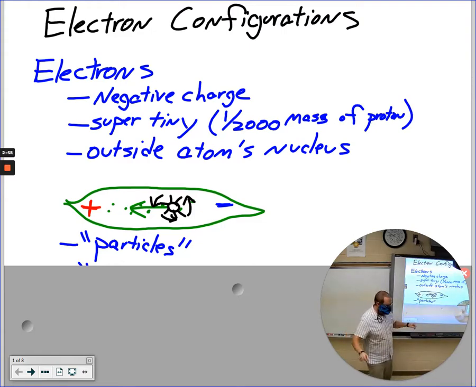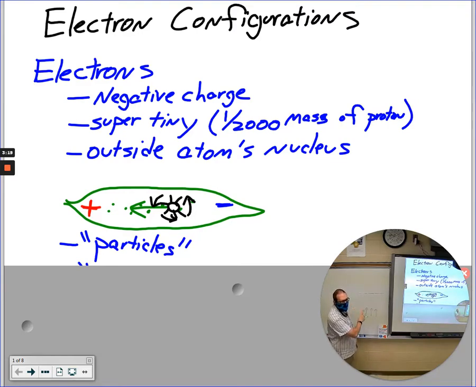And let me give you a for instance. Let's say that I had a wall with some holes in it. And I pointed some electrons, beams of electrons, at that wall, and I shot them toward it.